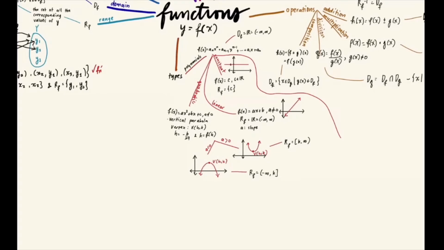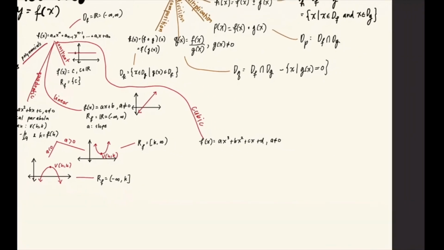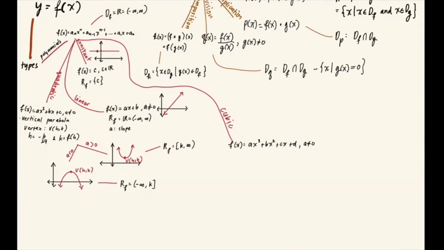Finally, for polynomial functions, we have the cubic function, which is f of x equals ax cubed plus bx squared plus cx plus d. Again, a should not be 0. Now, a cubic function is an odd-powered function, or a function of odd degree.